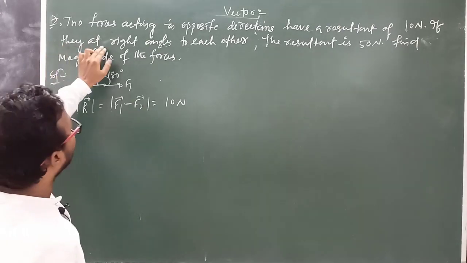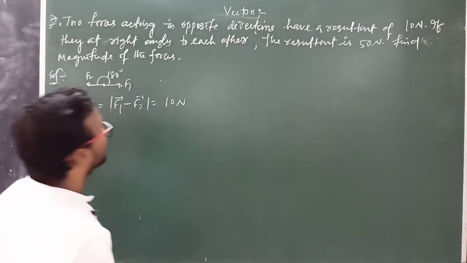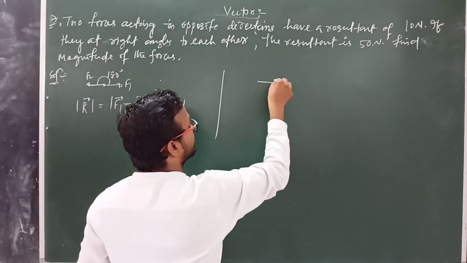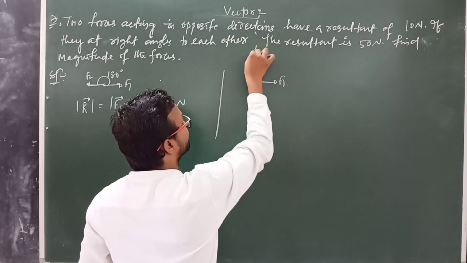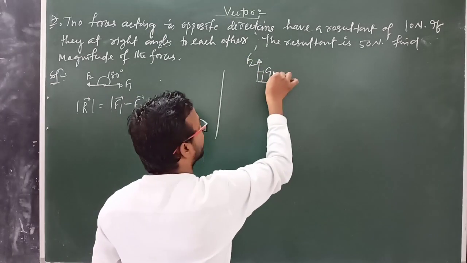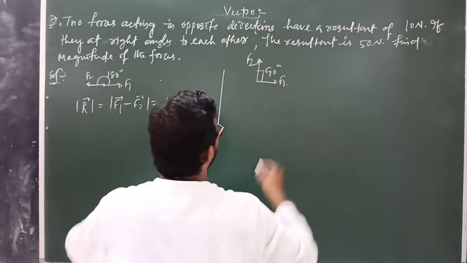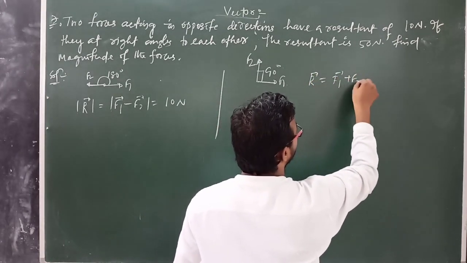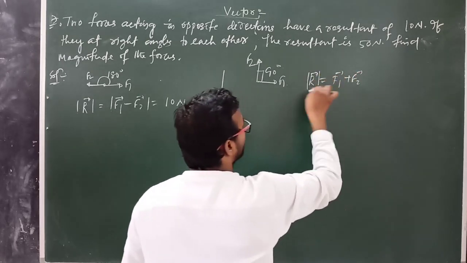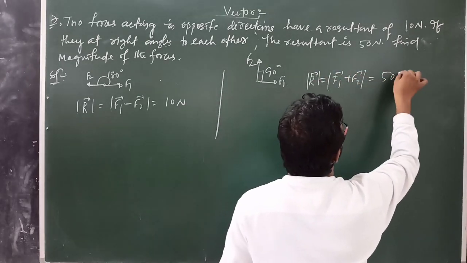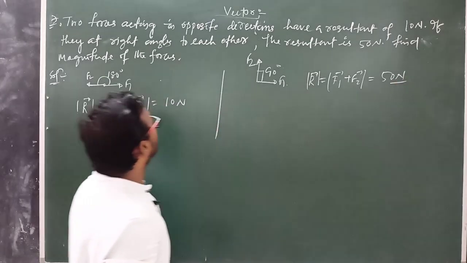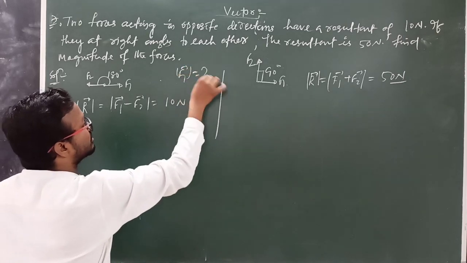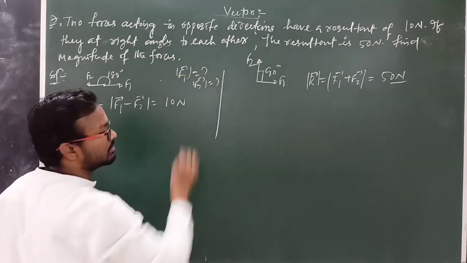If they act at right angle to each other, one force F1 and second force F2, this angle is 90. In this case the resultant R vector is F1 vector plus F2 vector, and its magnitude is 50 Newton. We have to find the magnitudes of F1 and F2.